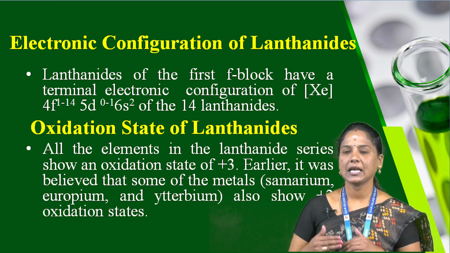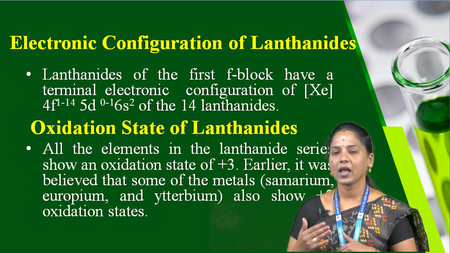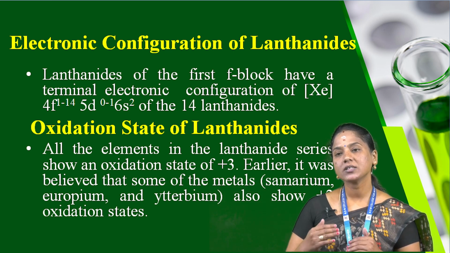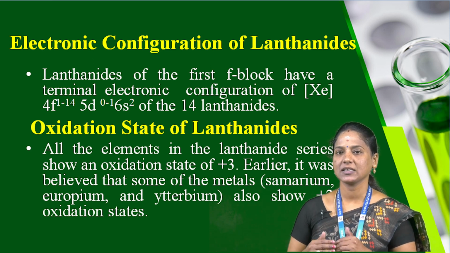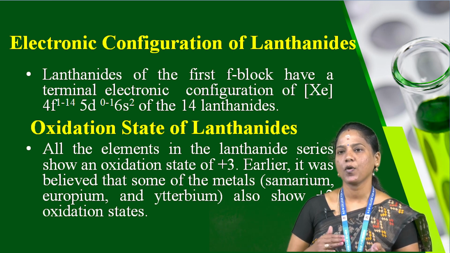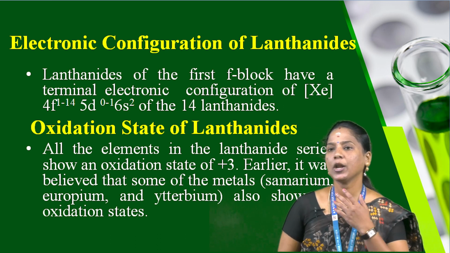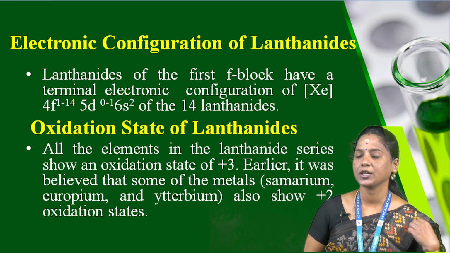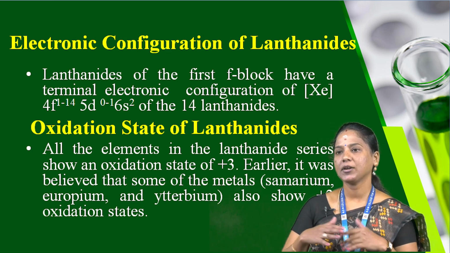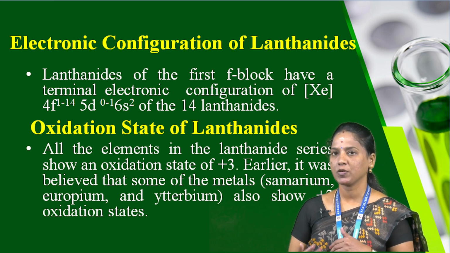Europium, atomic number 63, has the electronic configuration 4f7 6s2. It loses two electrons from the 6s level and attains the highly stable half-filled 4f7 configuration, and hence it readily forms Eu2+ ions. Eu2+ then changes to the common oxidation state of lanthanides, +3, forming Eu3+ and acting as a strong reducing agent.